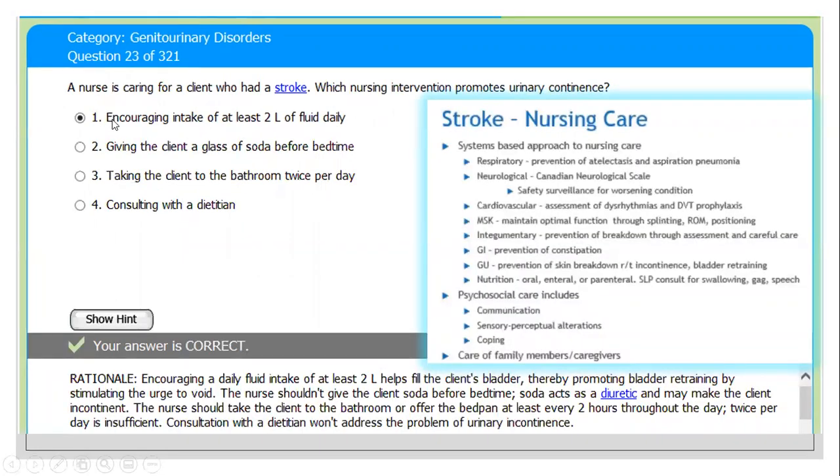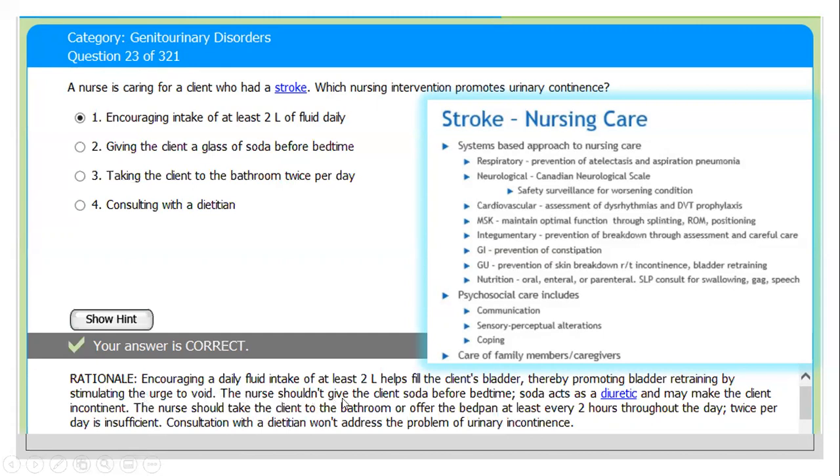The right answer is encouraging intake of at least 2 liters of fluid daily. Encouraging a daily fluid intake of at least 2 liters helps fill the client's bladder, therefore promoting bladder retraining by stimulating the urge to void.